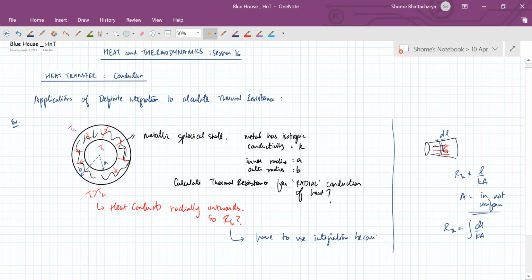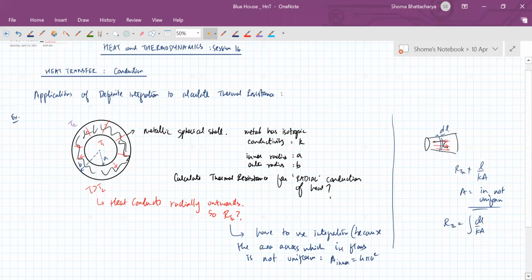because the area across which the heat current flows is not uniform. Okay. You can see that the surface area at the inner surface is equal to 4 pi a square.